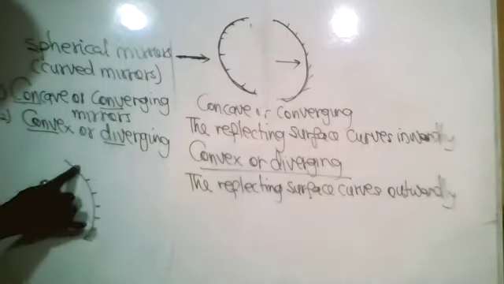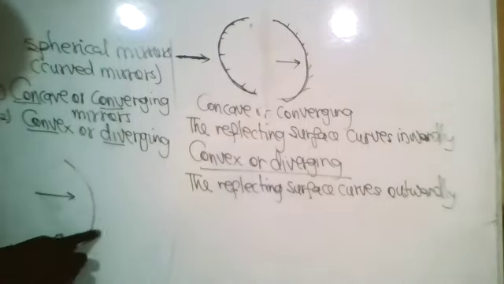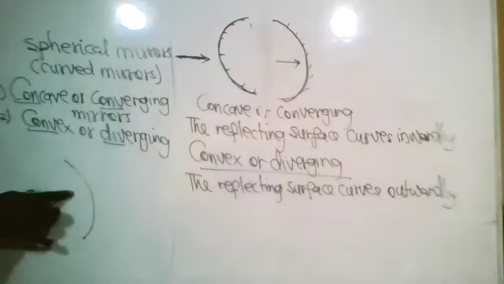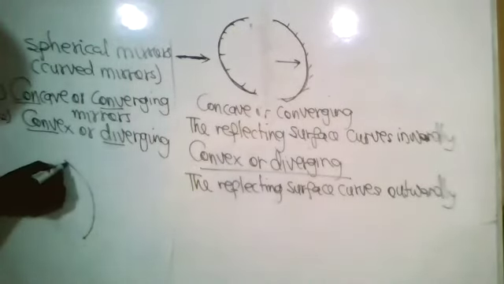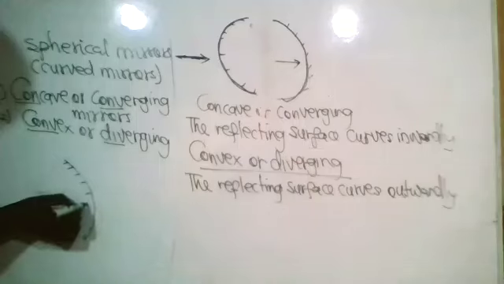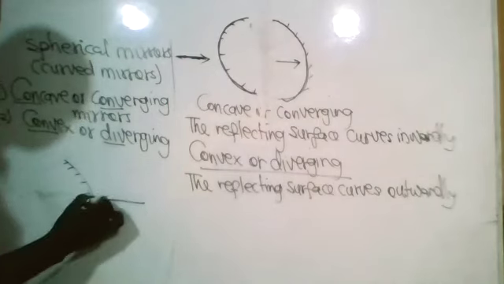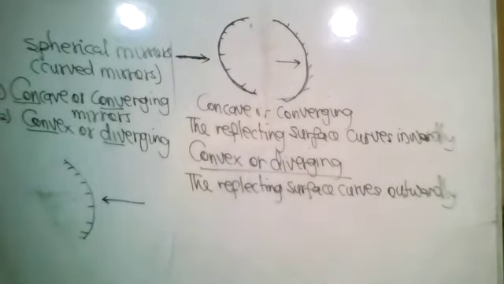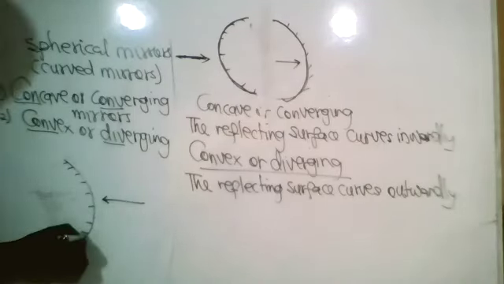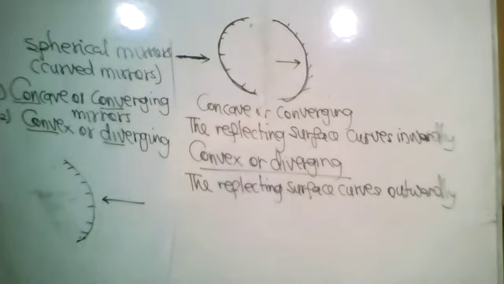The same curve, I can also coat at the other side so that this becomes the reflecting surface. And here, the reflecting surface curves outwardly. So these are the differences between the two main kinds of curved mirrors or spherical mirrors.